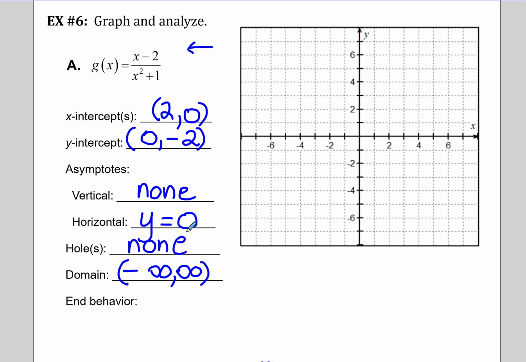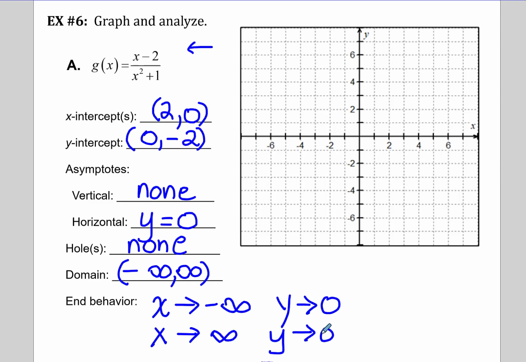And we already know what's happening here. As x goes left, y is going to head to 0, and as x goes to the right for large x, y is going to go to 0. And then in this case, because it's not really clear how all of this looks, I probably would make a really quick little table for x and y values.